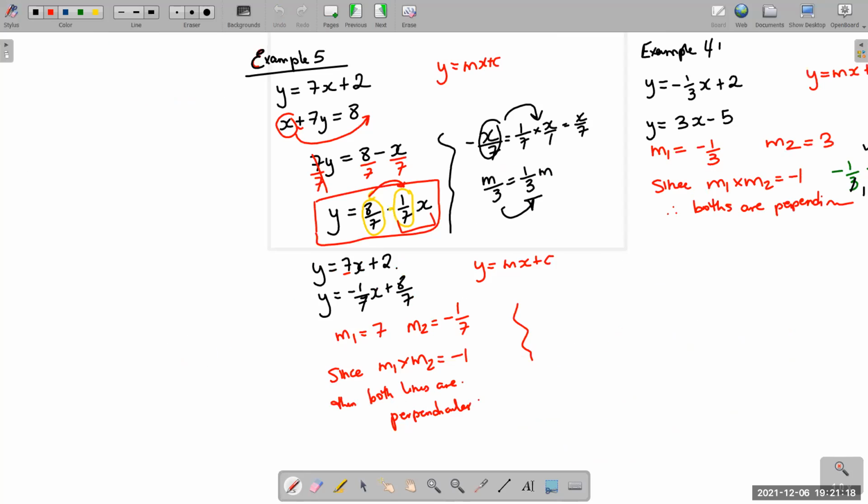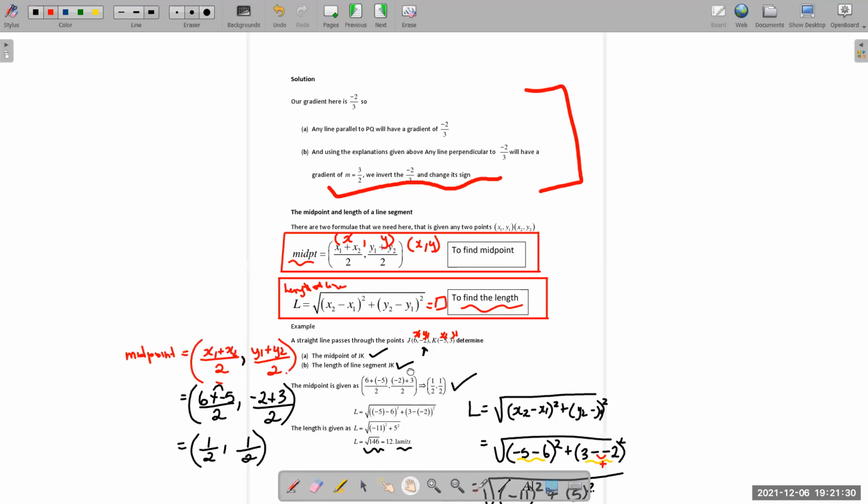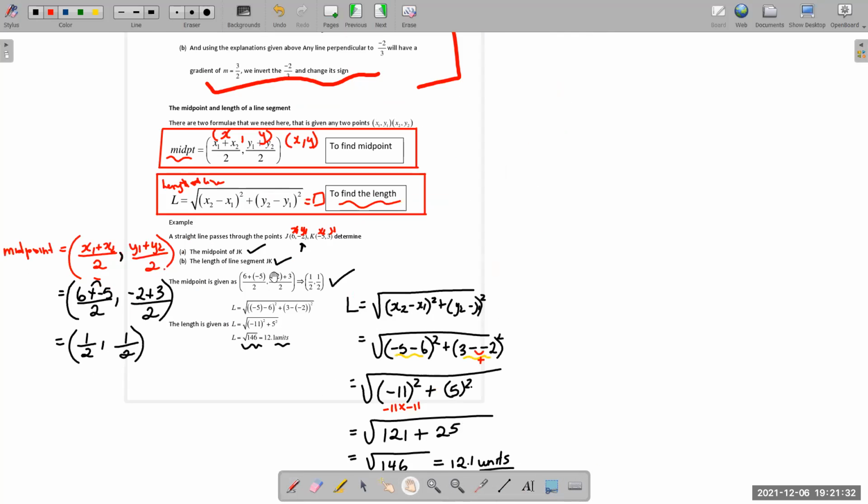All right, let's look at the other slide. We're almost done. See, negative reciprocal and so on. All of this is in your notes. We did this last class. For those who were not here, please look at the video that talked about calculating the midpoint of a line and the length of a line using these formulas.